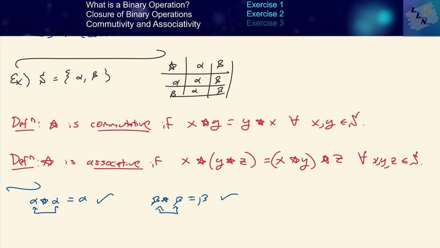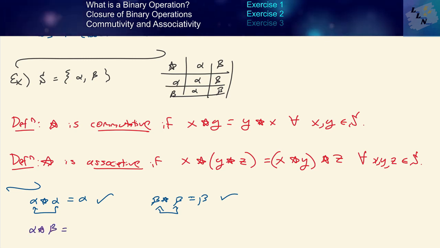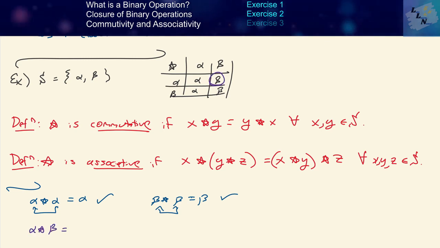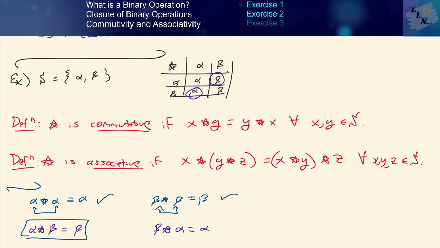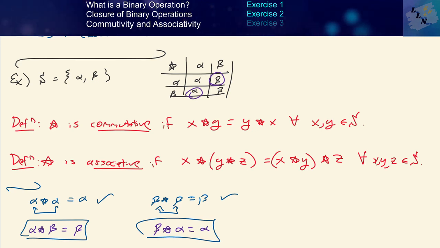What's exciting or not so trivial is when you have two different values here. So let's look at alpha star beta. Alpha star beta in this case would be equal to beta, and beta star alpha in this case is going to be equal to alpha. So for this operation star to be commutative, these two must be equal for all pairings, first element star second element.